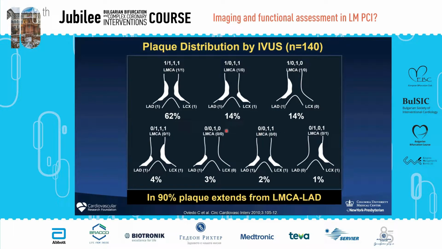We analyzed the distal left main plaque distribution using IVUS from the LAD to the left main and circumflex to the left main. What we found is that about 90% of the time plaque extends from the LAD to the left main.